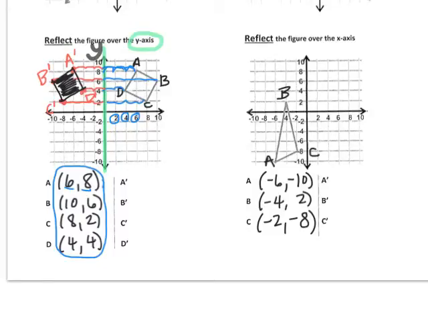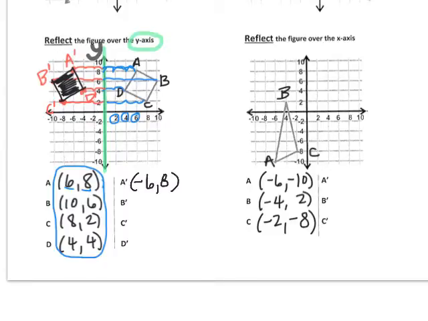So I've completed C prime and D prime points here, and I've shaded in my new image. And I think if you were to fold this graph on the green line, you would see that your new points line up exactly with the original points. So if we were to write in the ordered pair for A prime, it would be -6, +8.